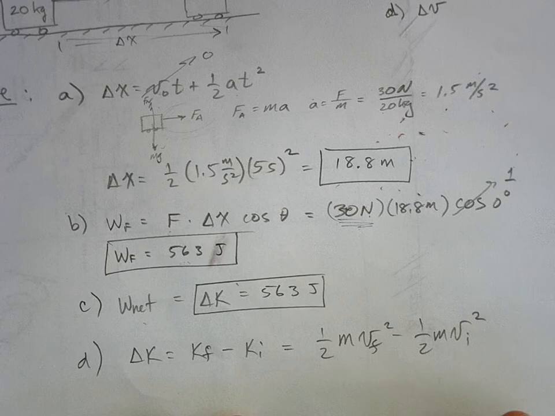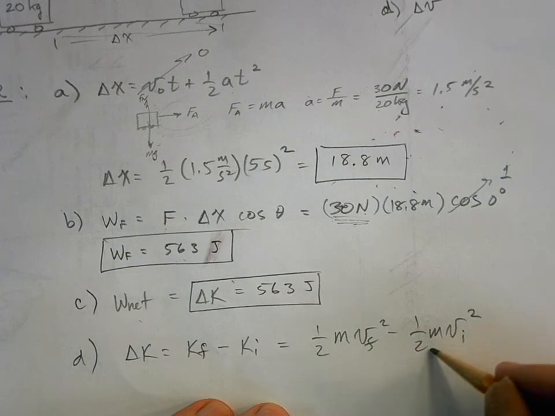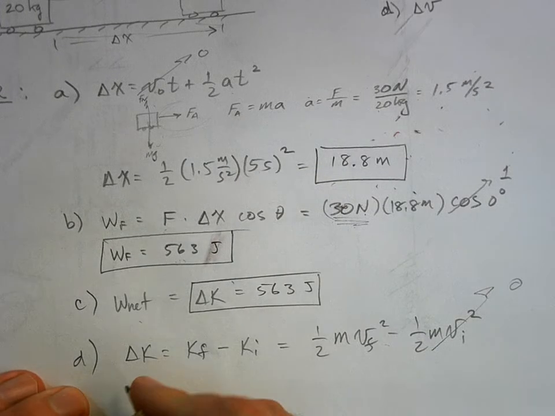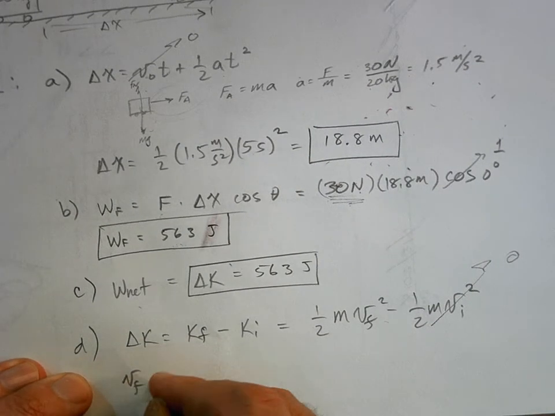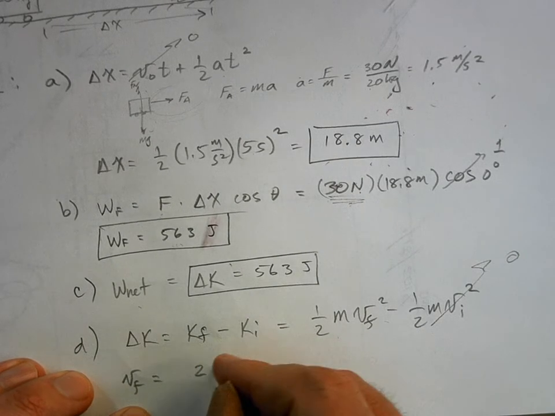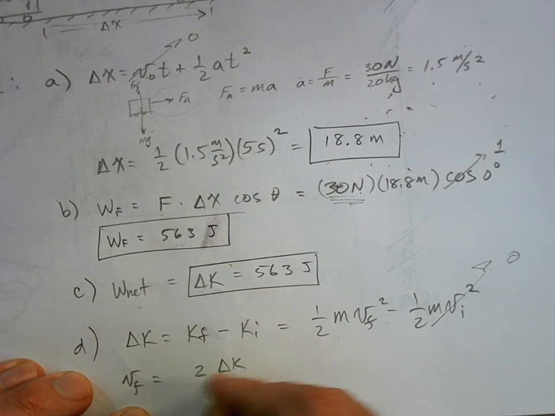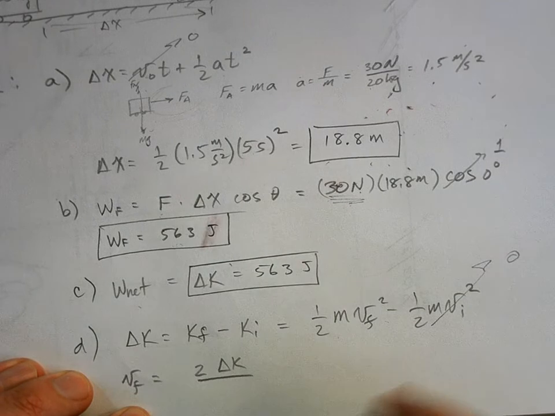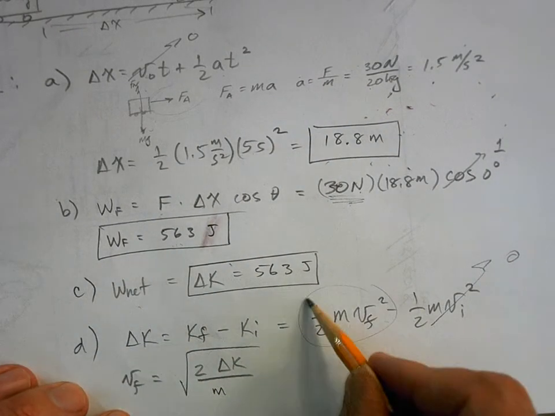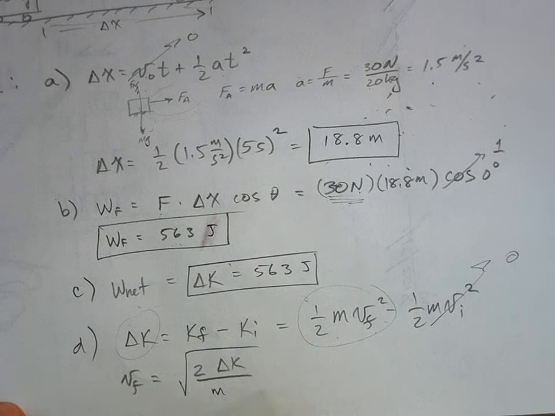Yeah, so we know that the initial velocity is 0, so we can solve for the final velocity. v final equals the square root of 2 times delta K divided by the mass. Basically, I took this equals this and solved for the final velocity.